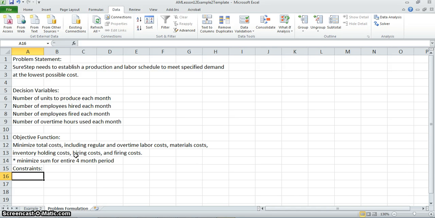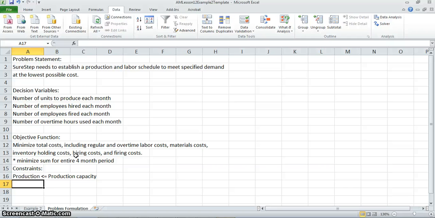There are several constraints in this problem. The first constraint is that production has to be less than or equal to the production capacity. This brings up the question of how much production capacity the firm has.